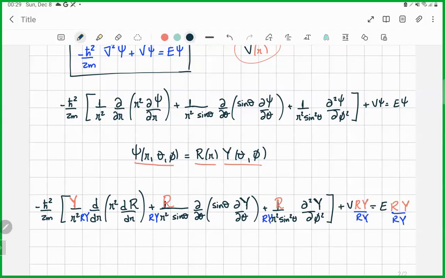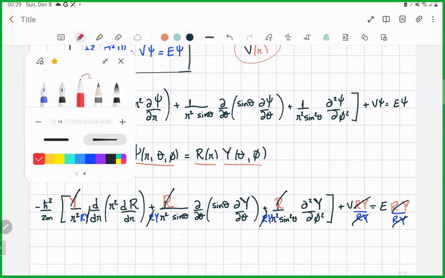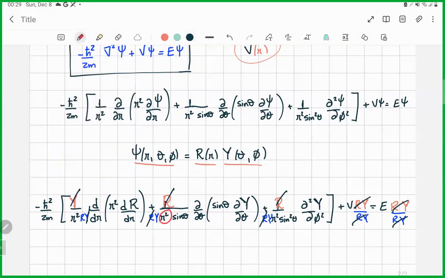Okay, so let's get rid of the terms. This Y is gone. This R is gone. This R is gone. Here, everything is gone, right? Okay, but there is still one annoying thing in this story, as you can see. This little r that is showing up here. We wanted these terms to have only angles. So we are going to multiply the whole equation by this little r square.